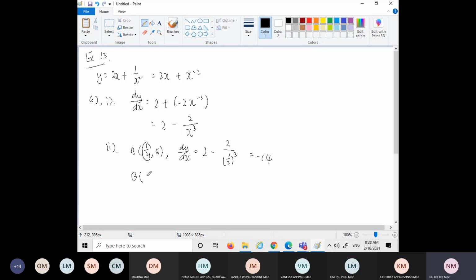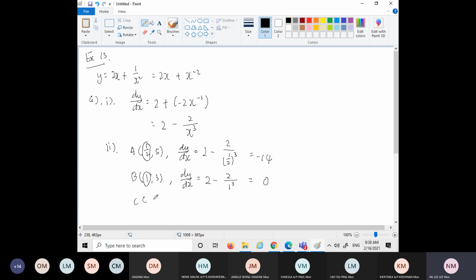Then for point B, it is (1, 3). dy/dx, same thing, 2 minus 2 over x cubed, now x is 1, so 1 to the power 3. So your answer is 0.